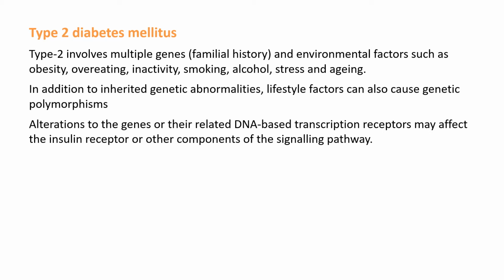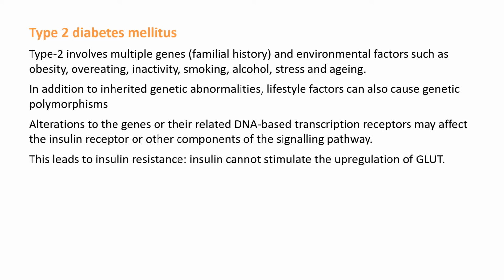So if you have an issue with any component of that signaling pathway, it's going to cause a problem. This leads to insulin resistance. So although beta cells are releasing insulin, insulin cannot stimulate the upregulation of GLUT because of issues in the signaling pathway.